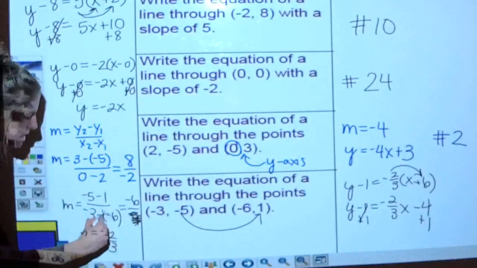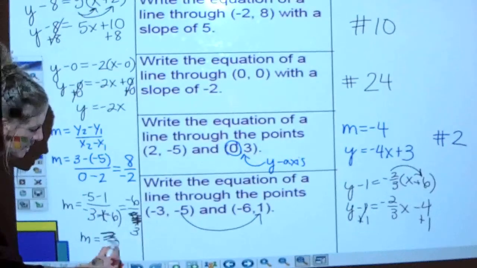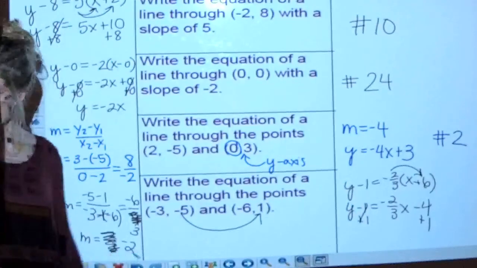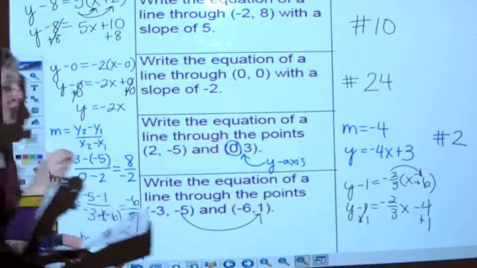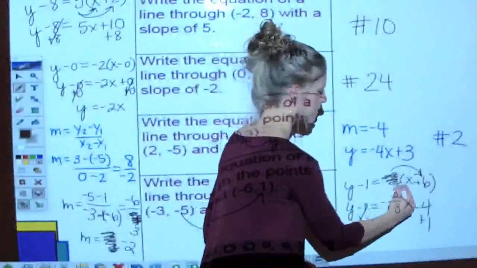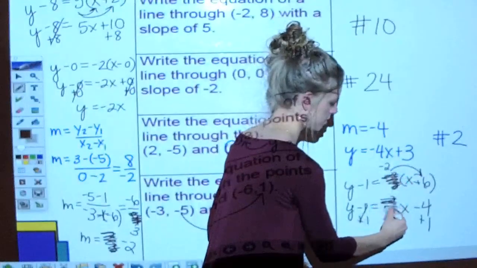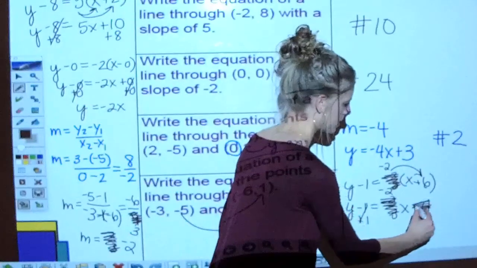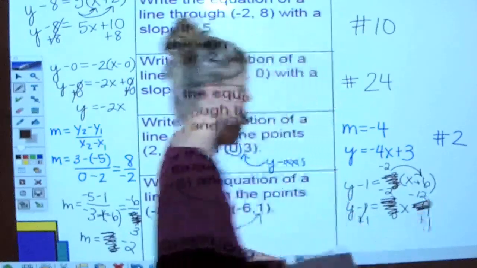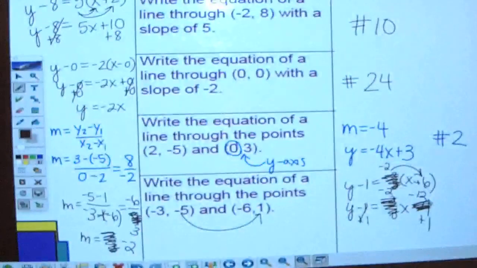So -3 plus 6 is 3. So your slope is -2, right? I need you guys to stop talking. This should be -2. This would be -12. Okay, moving to the next one.